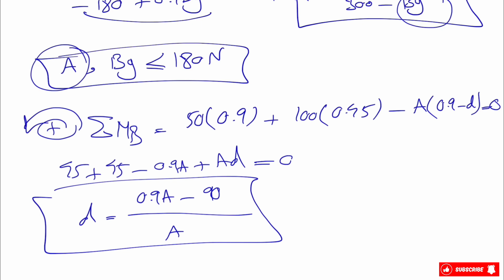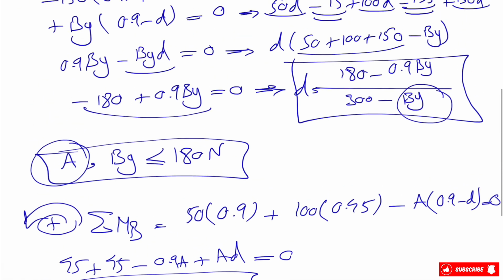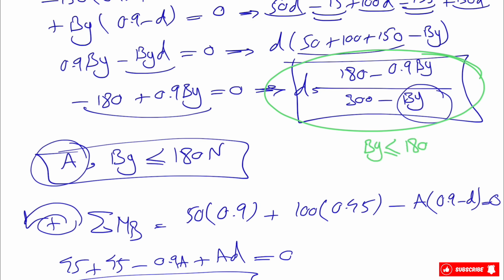Let's start with the first one, which I'm going to show in green. In this condition, we know that By cannot be more than 180 Newton.